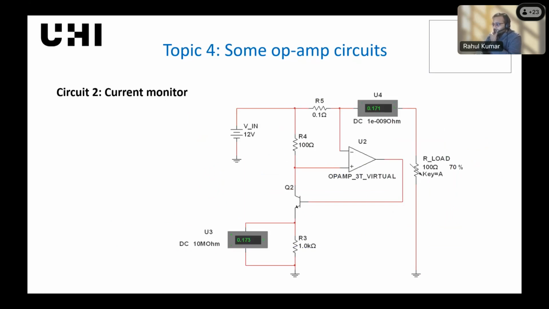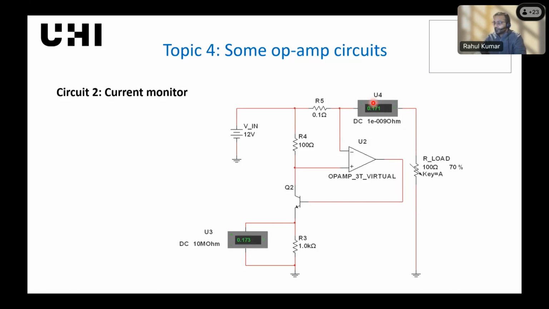The next one is your current monitor. The idea is to measure the current. But for that, we need to connect an ammeter. And to connect an ammeter, we will have to break the circuit. Right? You'll have to disconnect, put the ammeter in, and then connect the two terminals back to the ammeter, which sometimes may not be desired.